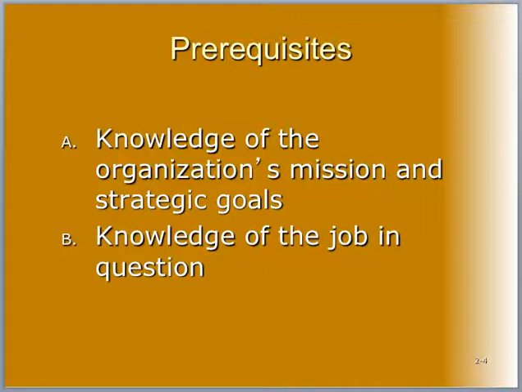Okay, and knowledge of the job is important because there are a lot of components that go into the job: activities, tasks, products, services, any key processes that the job entails. So, like I said, there can be gaps in the knowledge of the job between the manager and the employee. The employee may be new. The job may have changed recently.